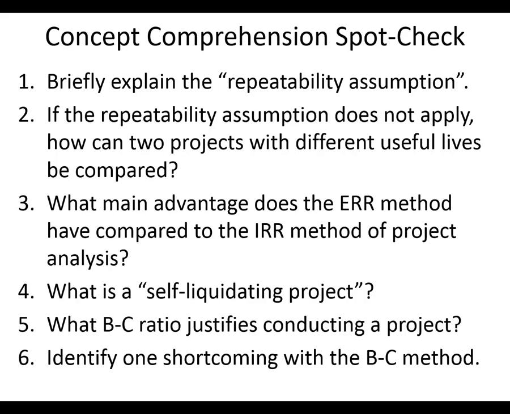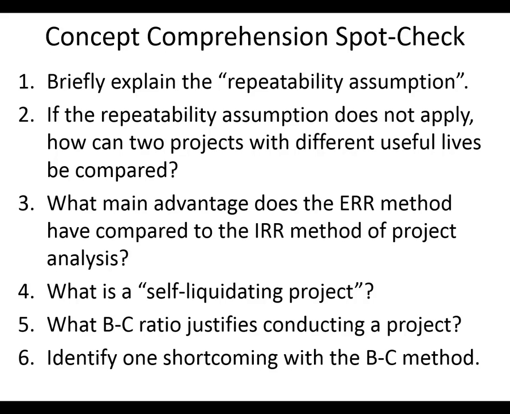Another shortcoming of the B to C method is that too often that analysis is applied after the fact. It's not used for decision making, but rather it's used for justifying a decision that's already been made. Or another shortcoming of it is it's really hard to know what interest rate to select.